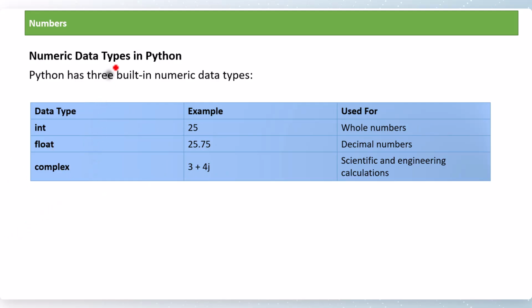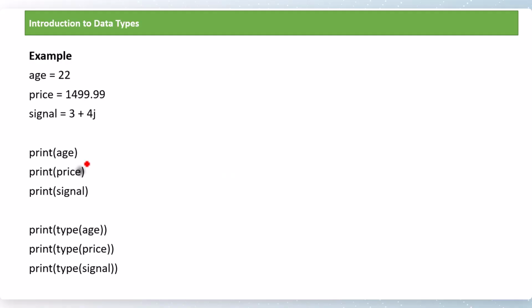Numeric data types in Python: there are three data types, int, float, complex. All three are number data types. Now you can even execute this small code: age equal to 22, print the age and see the type of age, which will show you integer.